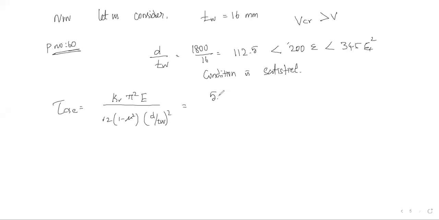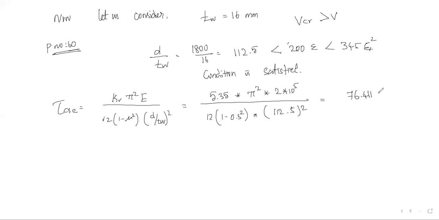So kV value is 5.35, pi squared, E value 2 into 10 to the power 5 Newton per mm squared, divided by 12 into 1 minus 0.3 squared into d by tw 112.5 the whole square. Substituting, I'm getting the tau CR value as 76.411 Newton per mm squared.